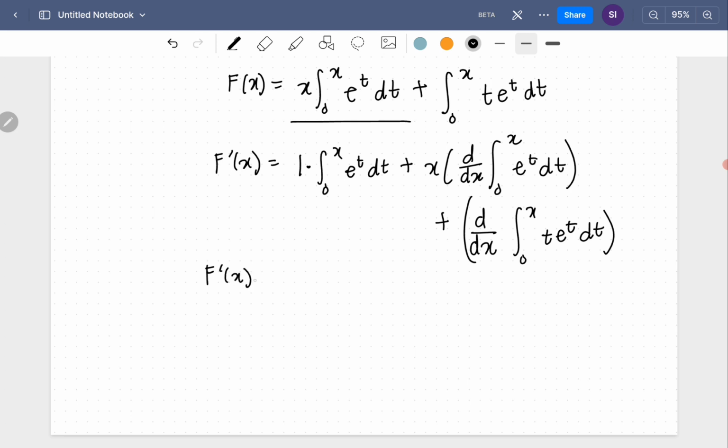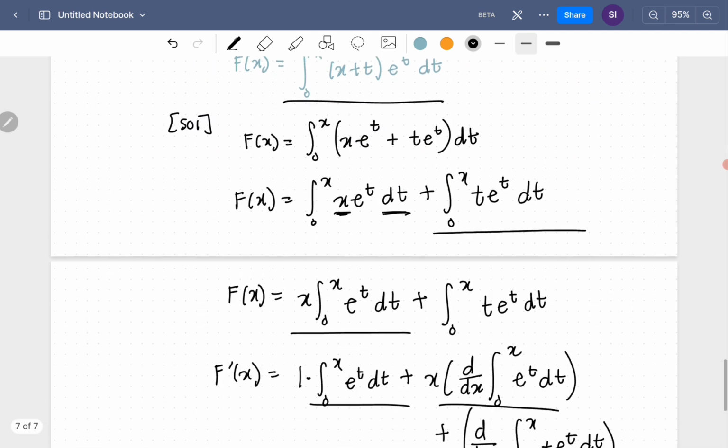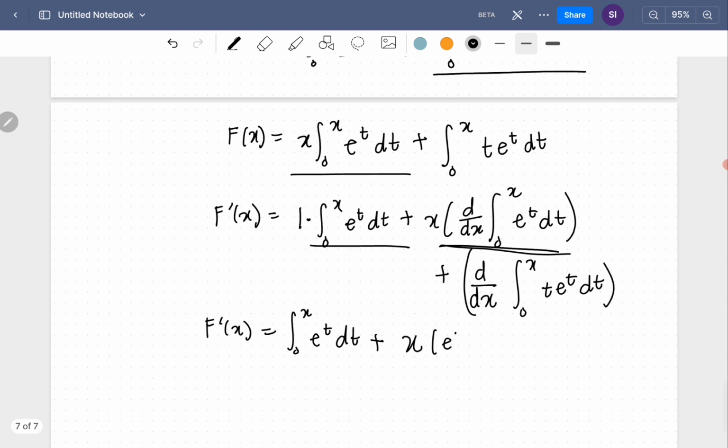F prime of x is equal to this, let's just leave it as it is, the integral of e to the power of t dt, plus x, from the formula up here. We can apply that over here now. So this is basically e to the power of x plus, once again, x times e to the power of x. We can simplify this now.